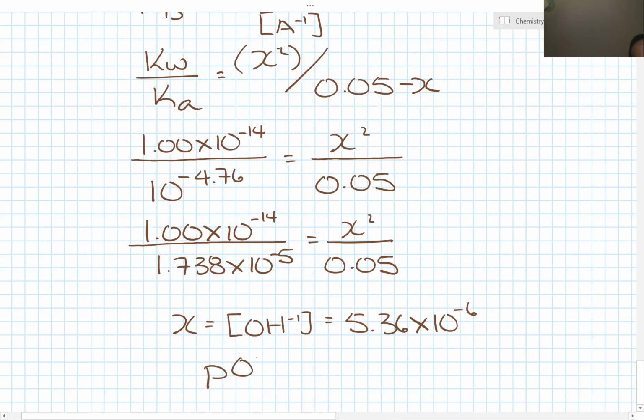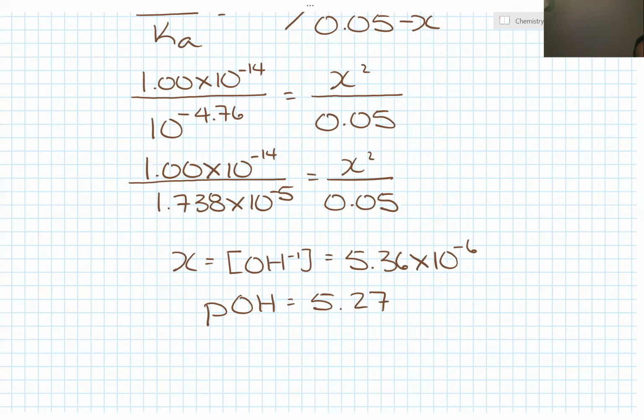You have pOH is the negative log of that, which is 5.27. So pH is equal to 8.73. Okay, so that's just to confirm it.